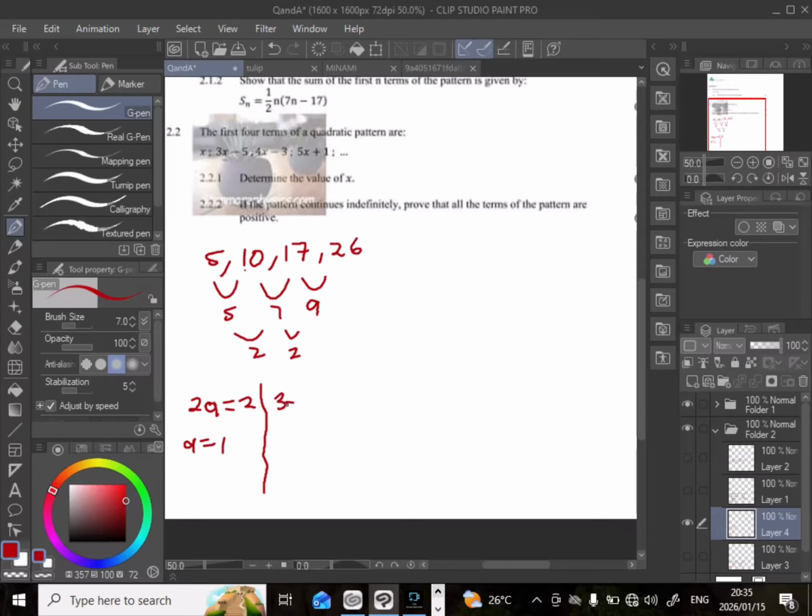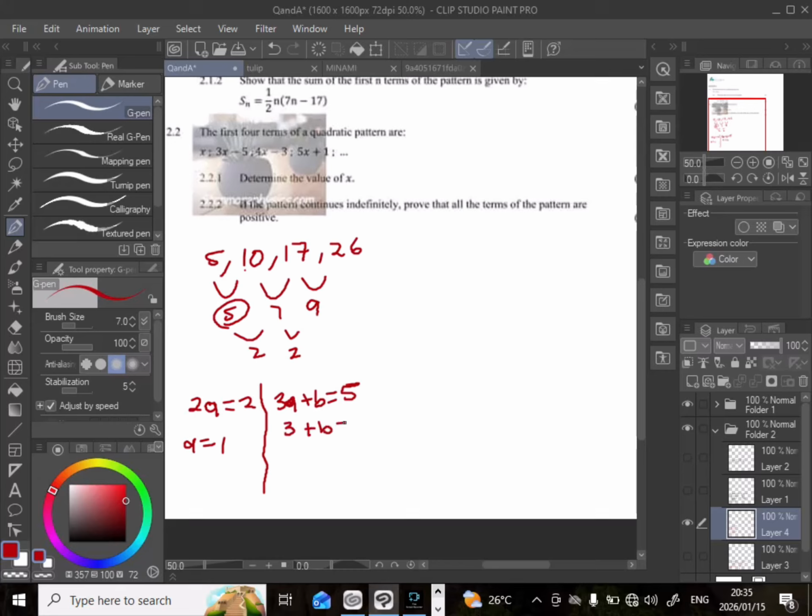So 3a plus b equals 5, so 3 plus b equals 5.